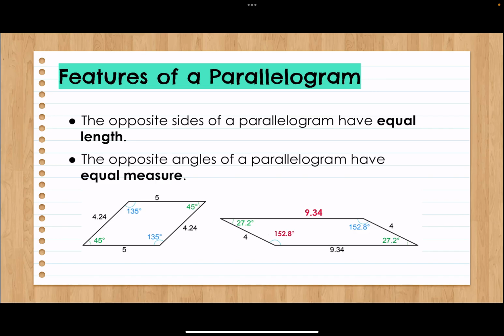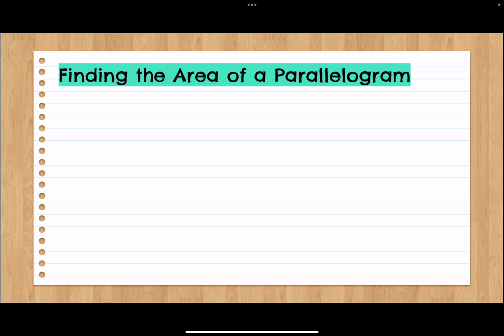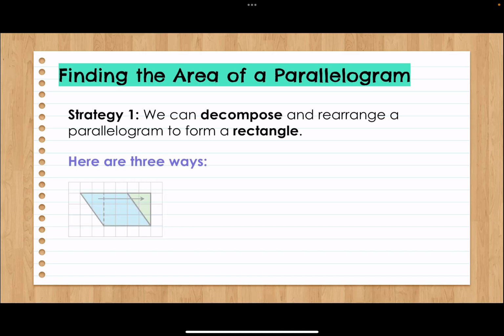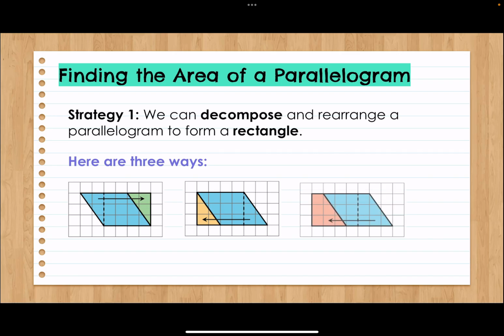Okay, moving on. Finding the area of a parallelogram. So strategy 1 is we can decompose and rearrange a parallelogram to form a rectangle because we know how to find the area of a rectangle. It's length times width. Here are 3 different ways that we can decompose the same parallelogram.